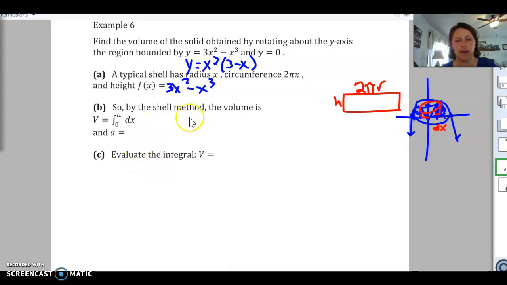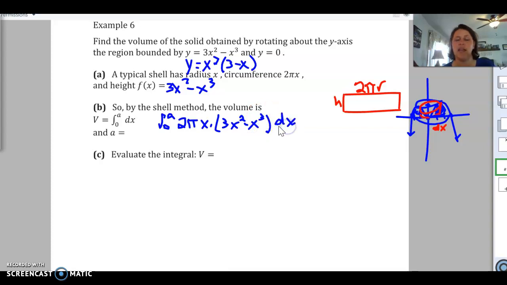Then, by the shell method, the volume is equal to the integral from 0 to a of 2 pi x times 3x squared minus x cubed times dx.